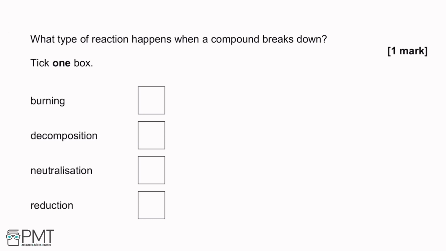What type of reaction happens when a compound breaks down? So another word for something breaking down is decomposing. Okay, therefore, is it going to be burning, decomposition, neutralization or reduction? Well, it's going to be decomposition.